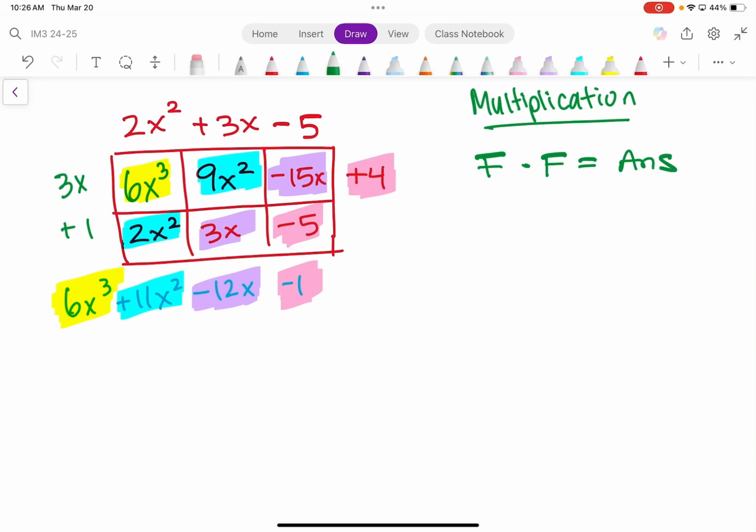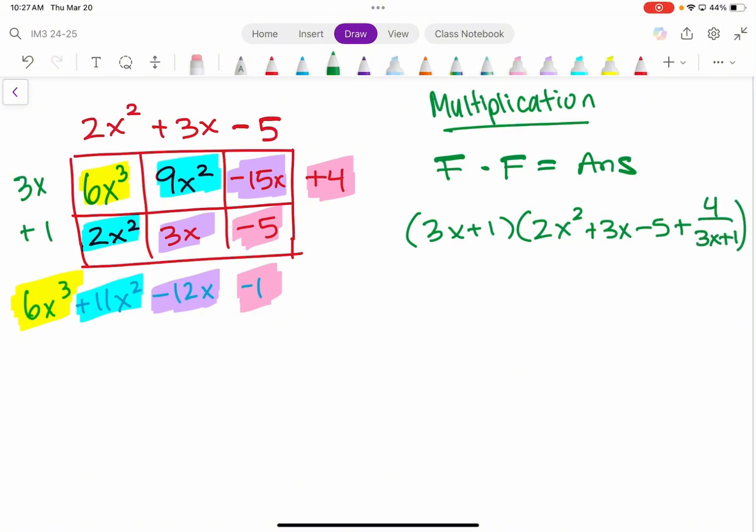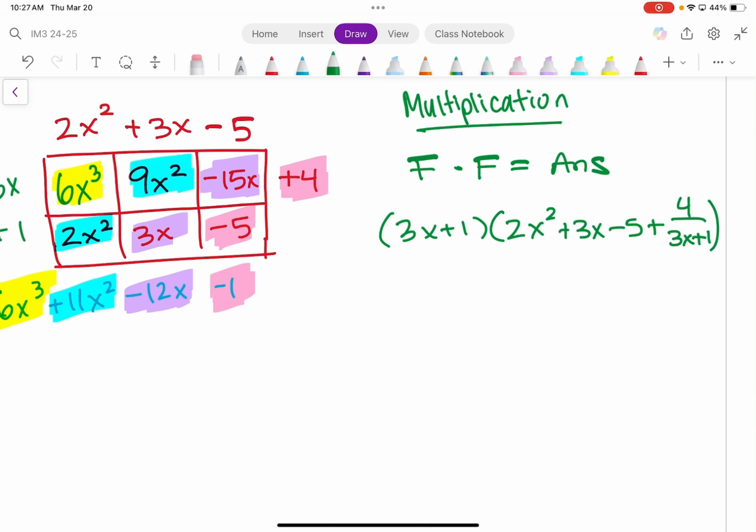F times F equals ANS. ANS means answer. So one factor is 3x plus 1. Your second factor, which we just found, is 2x squared plus 3x minus 5 plus 4 over 3x plus 1, where 4 over 3x plus 1 is your remainder.